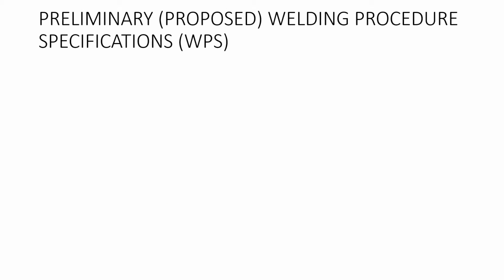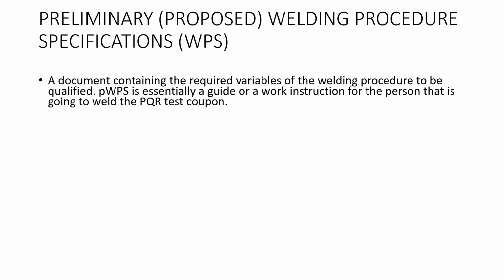So a pWPS welding specification, like I said, it contains the required variables of the welding procedure to be qualified. So we're giving instructions to the welder that is going to weld up our test coupon.